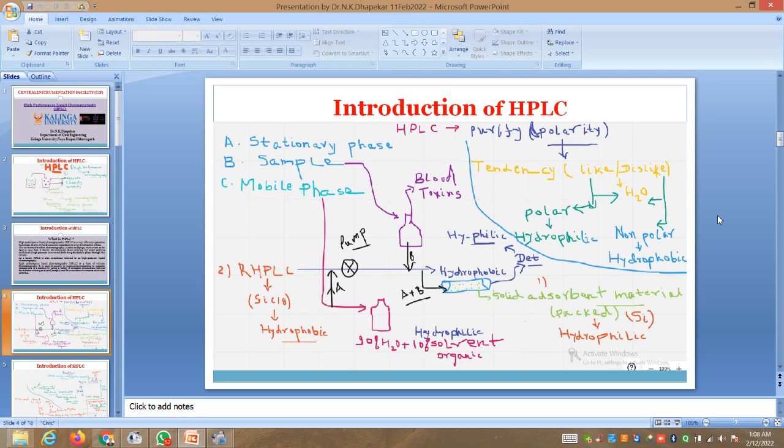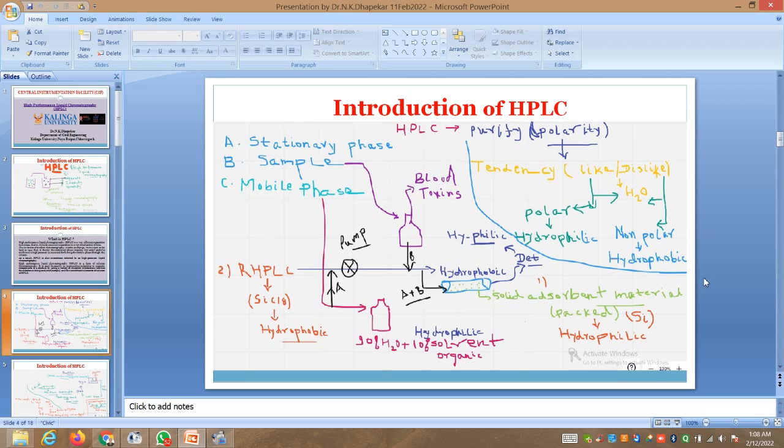This instrument HPLC, as you might have heard in the lectures related to HPLC since morning, basically works upon the concept of polarity. Polarity is nothing but the tendency of a molecule to like or dislike water molecules.